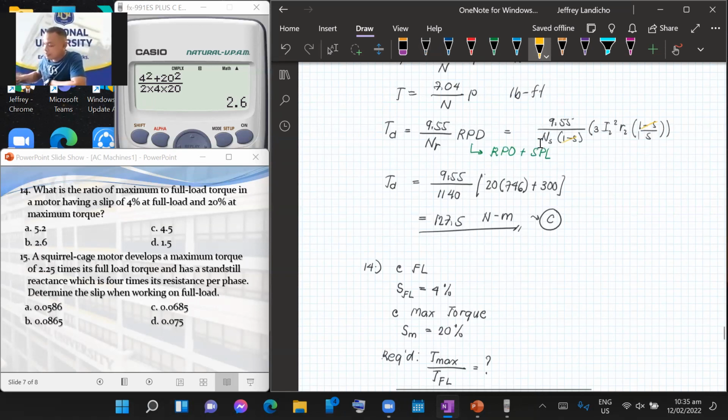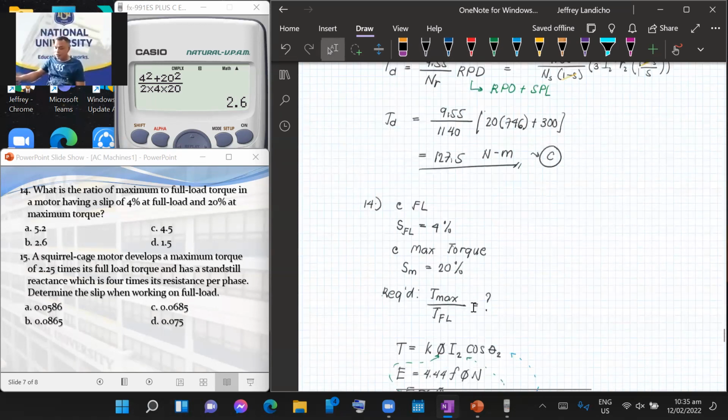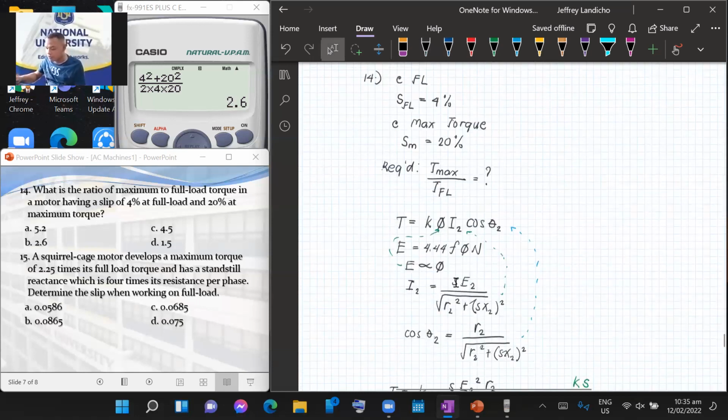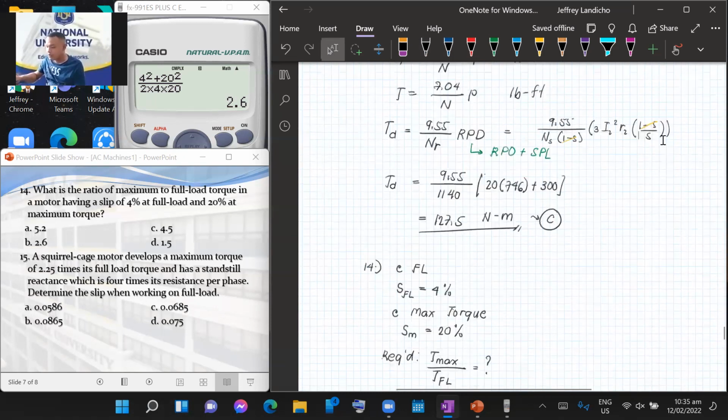Okay? Then, yung NS, constant na naman ito at saka 9.55, constant. Tapos, ito R2, that is also constant at saka ito. Now, ano si I2? Pag i-squared mo yan, ito si I2. So, pag in-squared natin yan, meron akong S squared, E2 squared over squared nito. Eh, may S to.